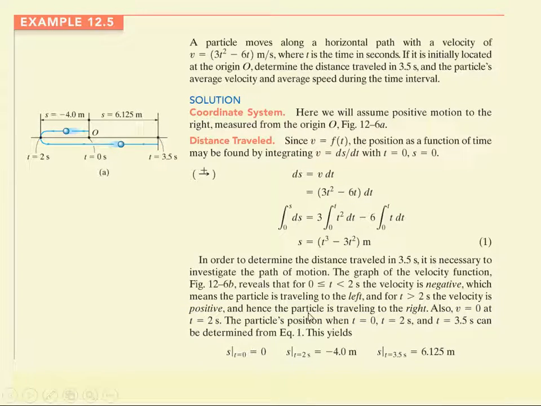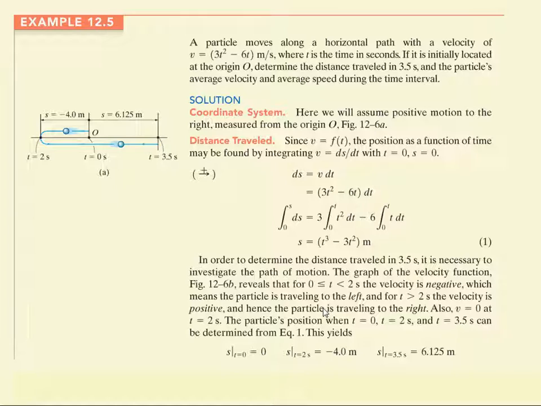Between 0 and 2 seconds, the velocity is negative, which means the particle is traveling to the left. And for t more than 2 seconds, the velocity is positive, and therefore the particle is traveling to the right. Also, v equals 0 at t equal to 2 seconds.